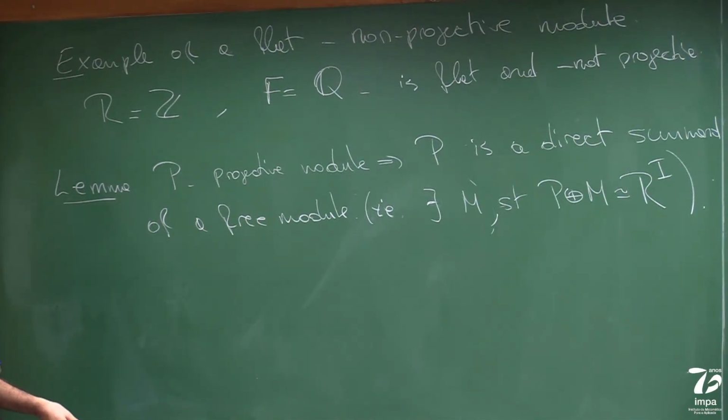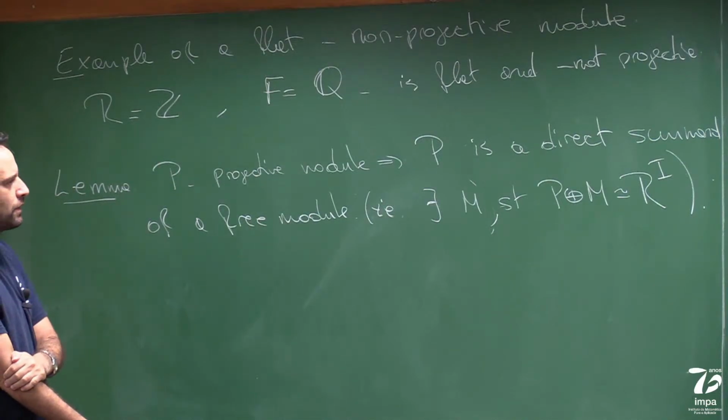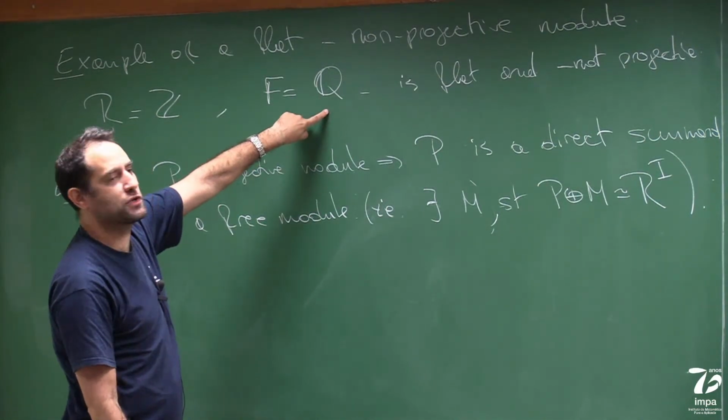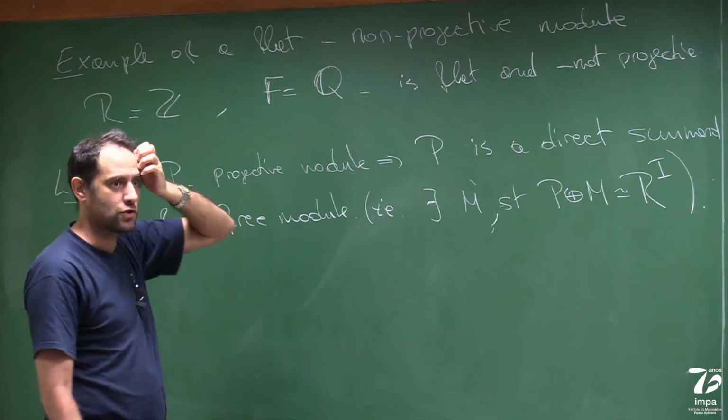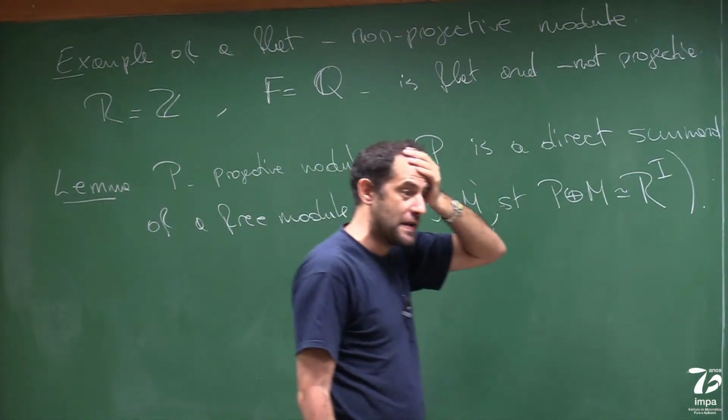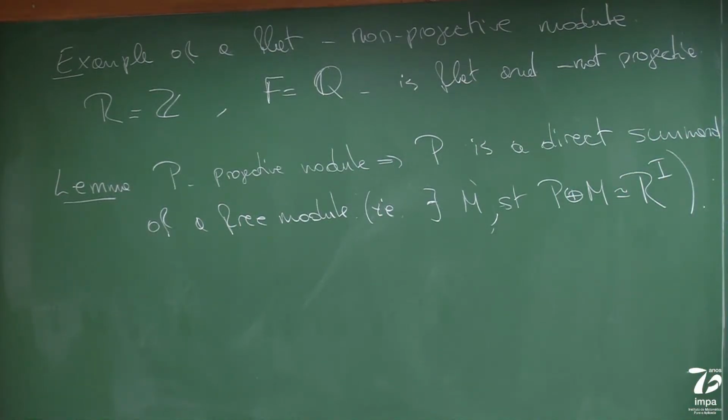All right, so I claim that Q is not projective. I cannot sum something to get a free Z module. So it's clear that Q is not free also as a Z module.